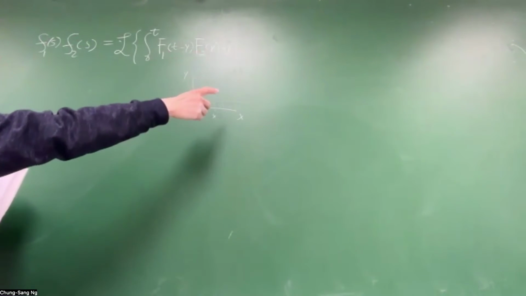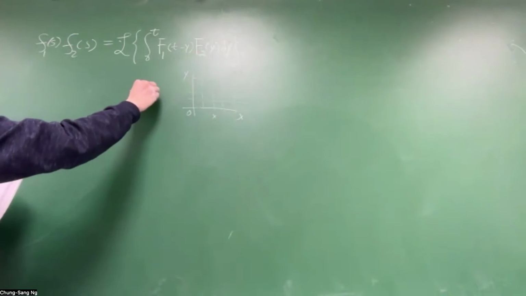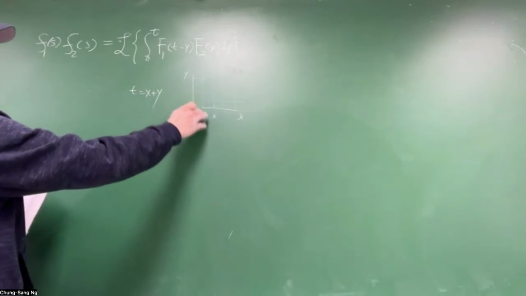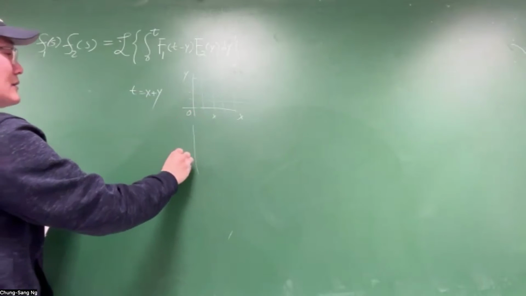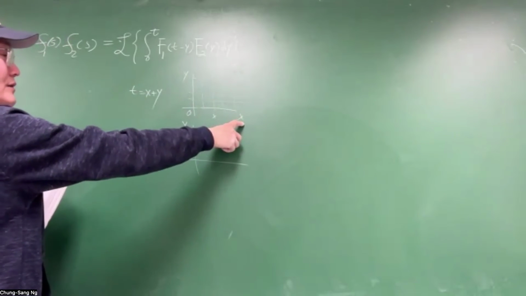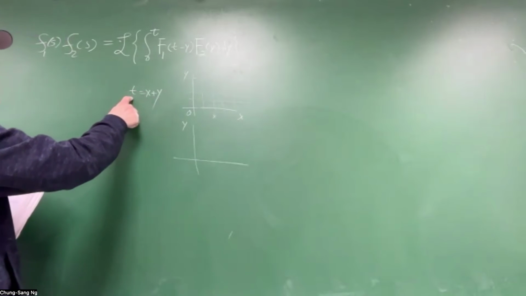But now we do a change of variable, t equals x plus y. It means that now you change your coordinate line. You keep y, but you get rid of x and use the t variable.